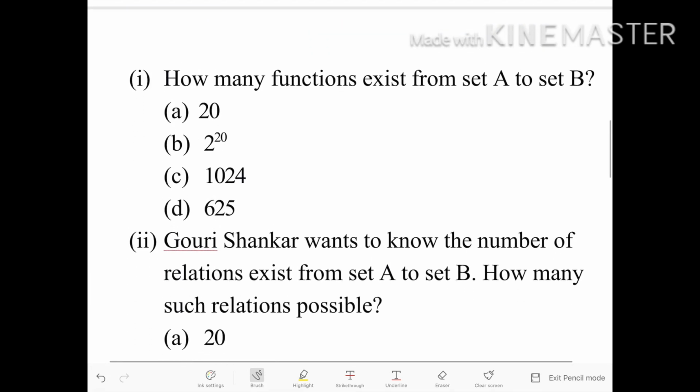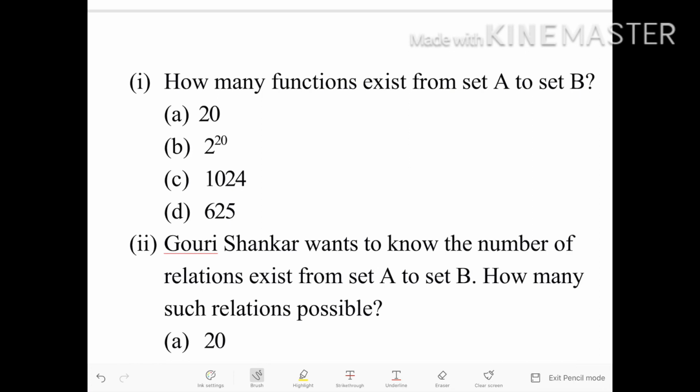Now come to the questions. How many functions exist from set A to set B?